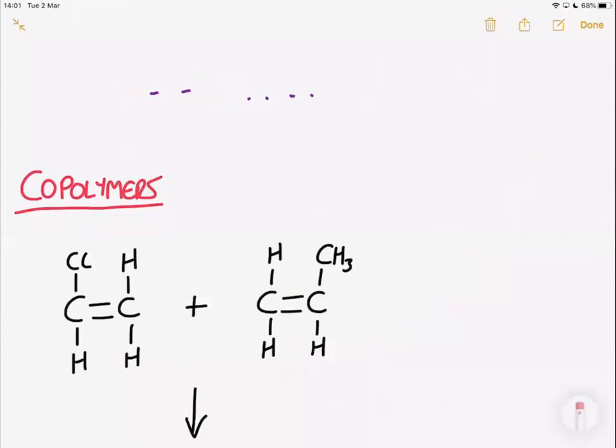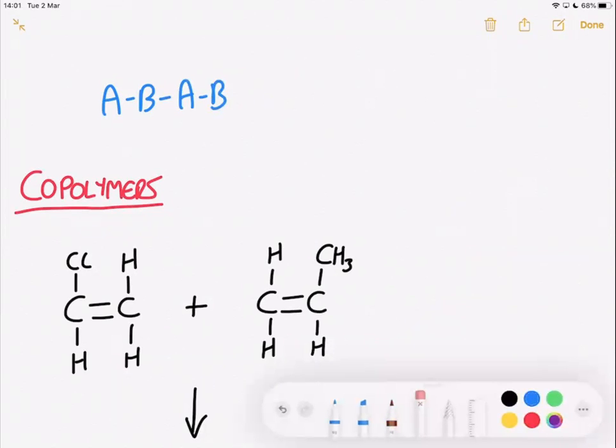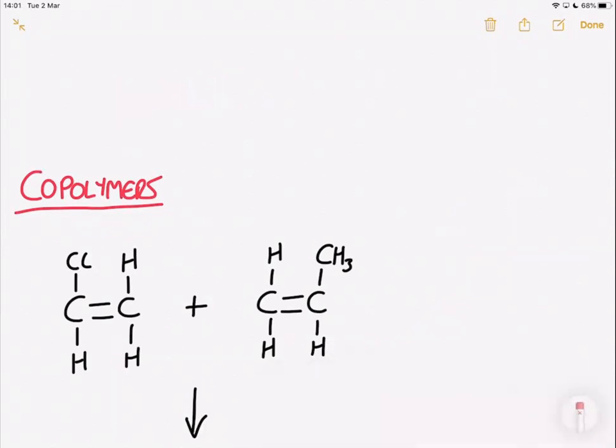And that's what you get if you just heat, for example, molecules of propene on their own in the presence of the right catalyst. But you can also get things with an A, B type structure, and you can sometimes do this by mixing different types of alkenes, and we call this kind of polymer a copolymer because it's made up of different units, not just the same one over and over again.